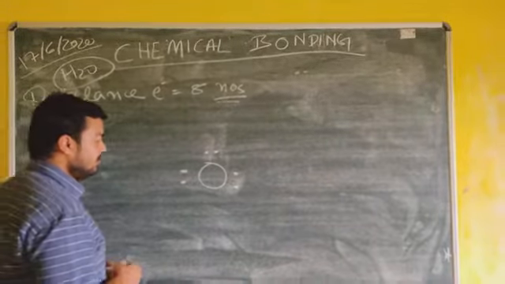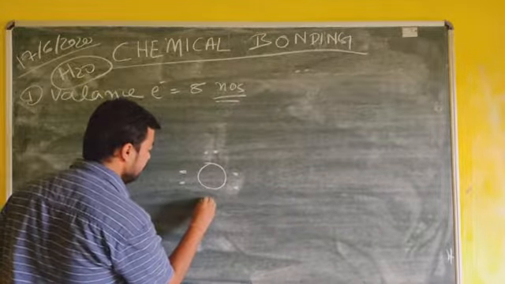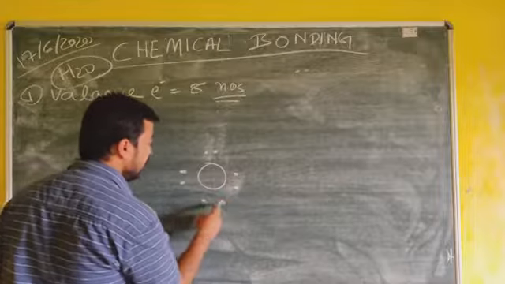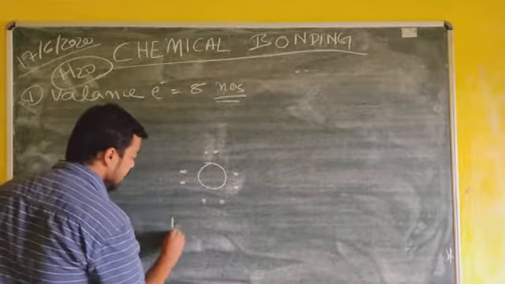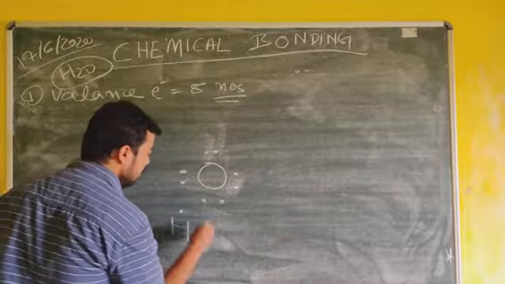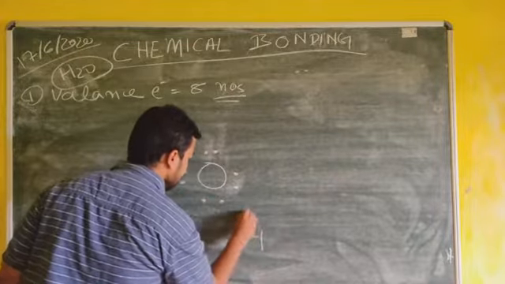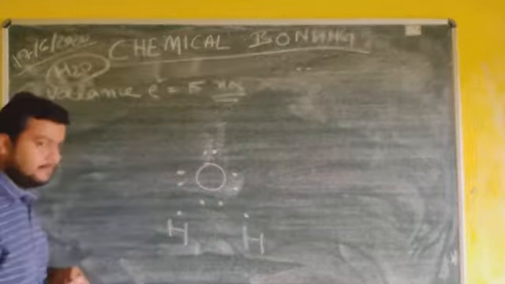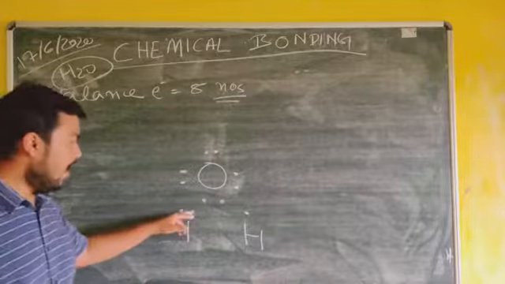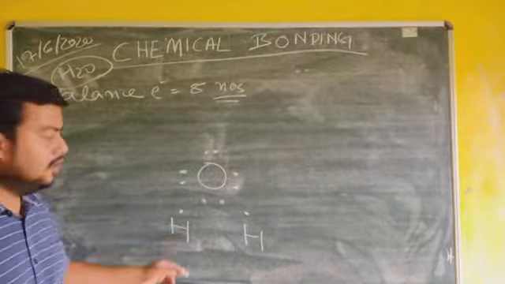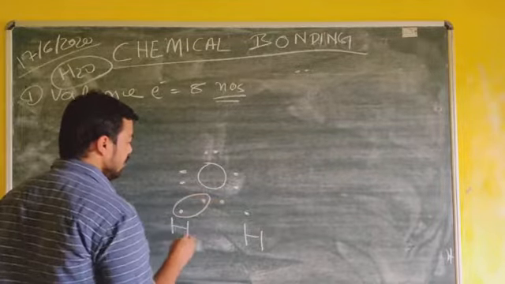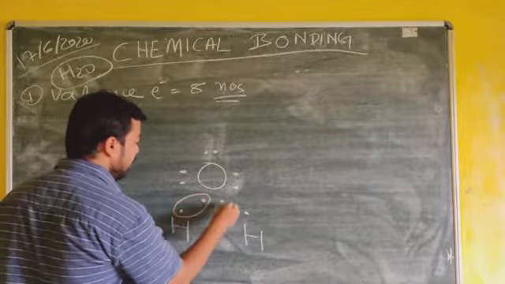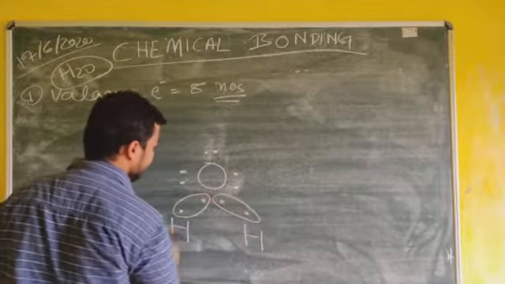So oxygen needs 2 electrons to complete its octet, and hydrogen has 1 electron and needs 1 more electron to complete its octet. So this electron of hydrogen will be shared between oxygen and hydrogen.